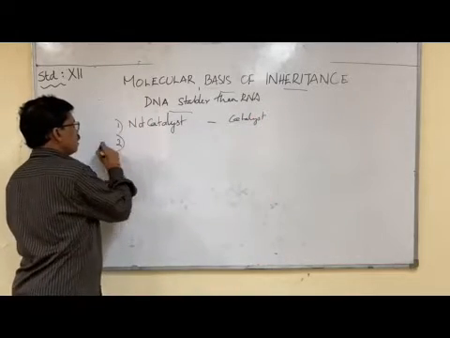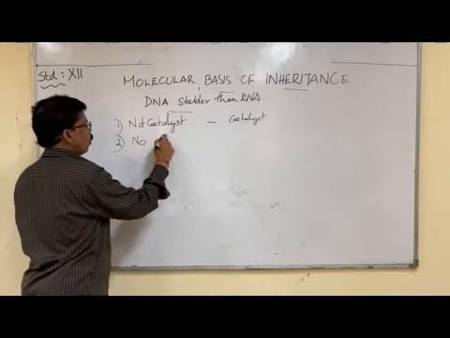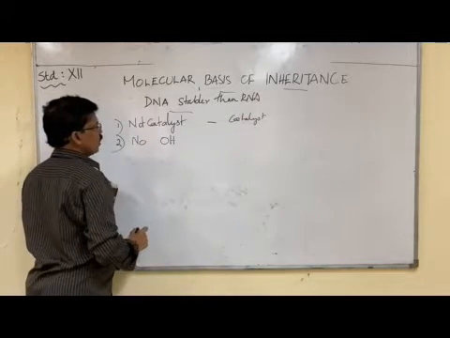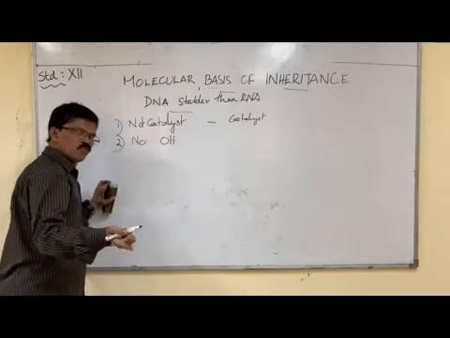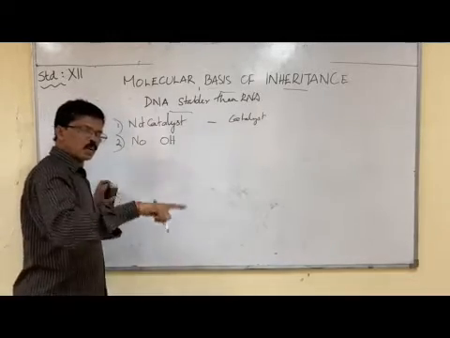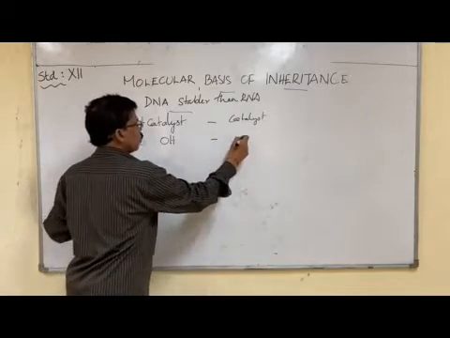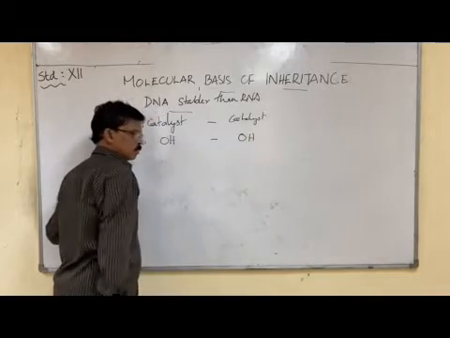Second reason, in DNA, we cannot find an OH group in the second carbon of the ribose sugar. No OH group in the second carbon of the sugar. Here we can see the OH group is there in the second carbon.